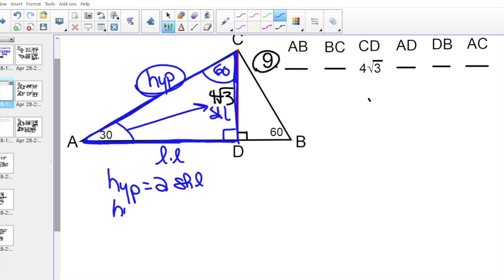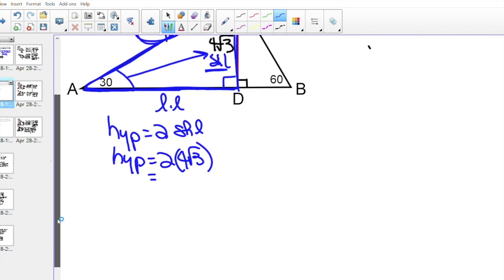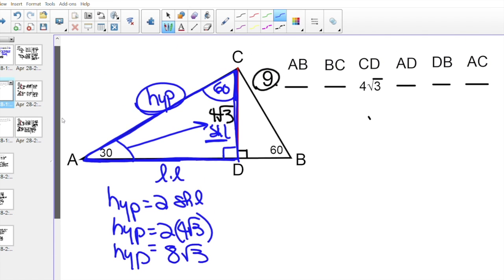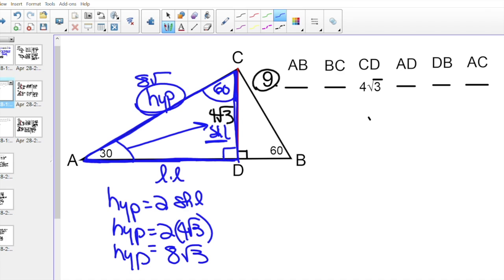So the hypotenuse would be 2 times 4 on the square root of 3. That's the shorter leg if you're looking up here. So the hypotenuse is 8 on the square root of 3. So this side is 8 on the square root of 3, but that's from A to C. So AC on the chart is 8 on the square root of 3.